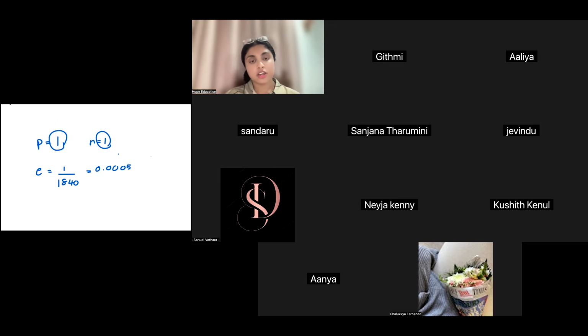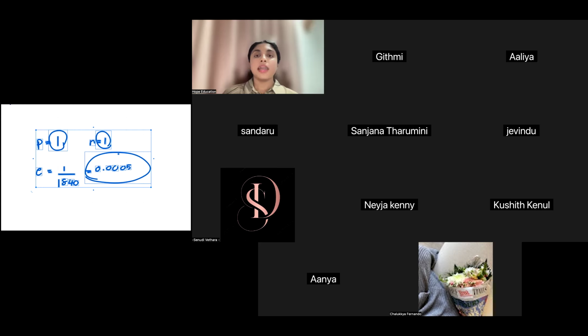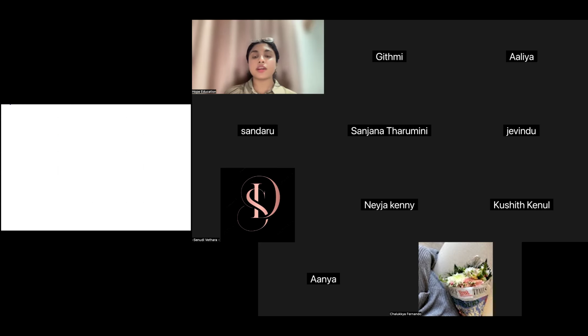So this is significantly smaller. The mass of electrons is a very small value compared to protons and neutrons. Is it clear? Give me a thumbs up. Okay. That is why we don't consider the mass of electrons when we are considering the mass number.